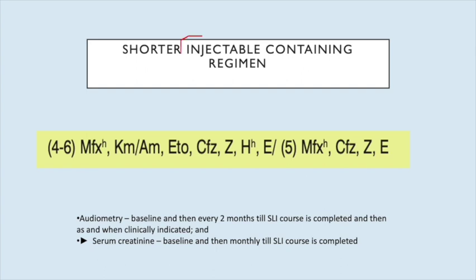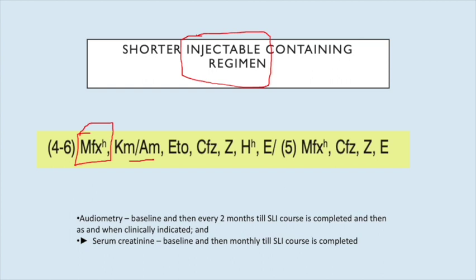There is also a shorter injectable regimen, although injections are being tried to be phased out. However, if an injectable is to be given, then it includes high dose moxiflox instead of levoflox, kanamycin, amikacin as a replacement to bedaquiline, ethionamide, clofazimine, pyrazinamide, high dose INH with ethambutol remains.